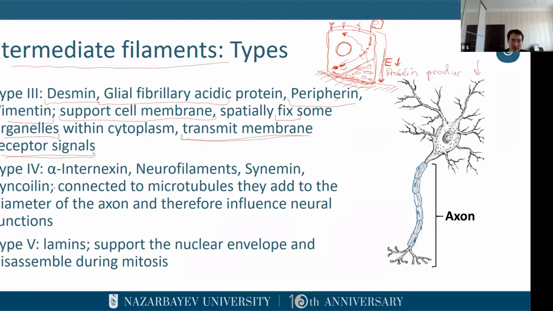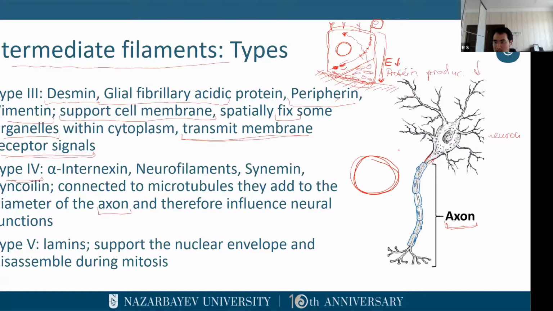So we have type 4 intermediate filaments, and they are neural ones. They are responsible for maintaining shape and diameter of, for example, an axon. And this is the neuron. All neurons will have one single axon, and the bigger the diameter of this axon, the more processes we can maintain inside it.